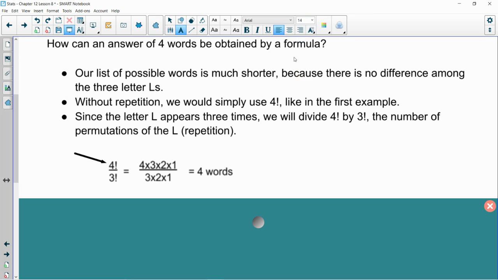So why don't we make a little note here? Total objects. So when we have repetition, we start with the total number of objects we have. We had 4 letters altogether. And then we're going to divide that by the amount of repetition.